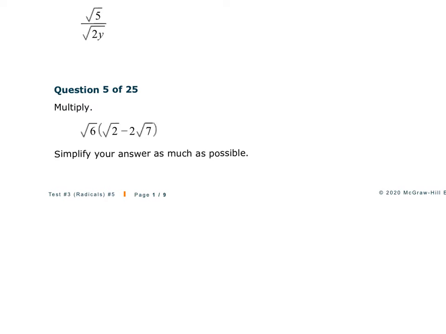No. So that's as far as that one can go, as far as square roots go. Alright, so we get the square root 2 root 3 minus 2 times the square root of 42. And that's as far as it can go because there's nothing here that we can take the square of and take out.